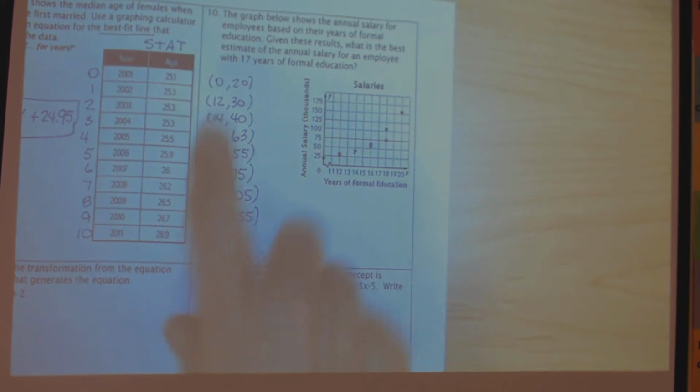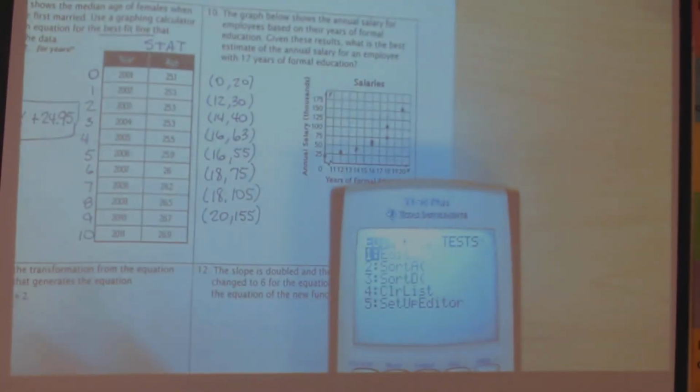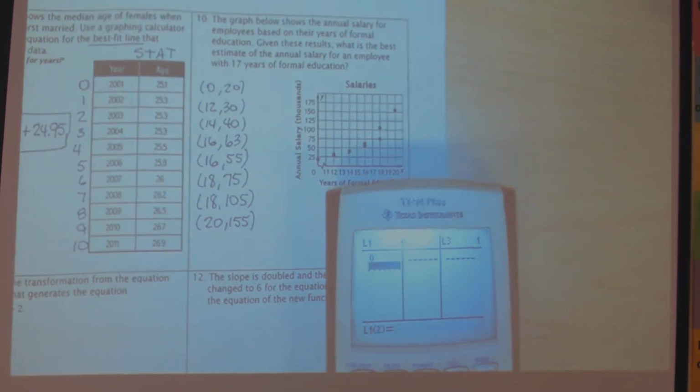What you would do is take and enter these into L1, and the Y values into L2. Okay, so let me go ahead and do that. So we go to Calc. Again, we're going to clear each of these columns. We're not deleting them, we're just clearing them.